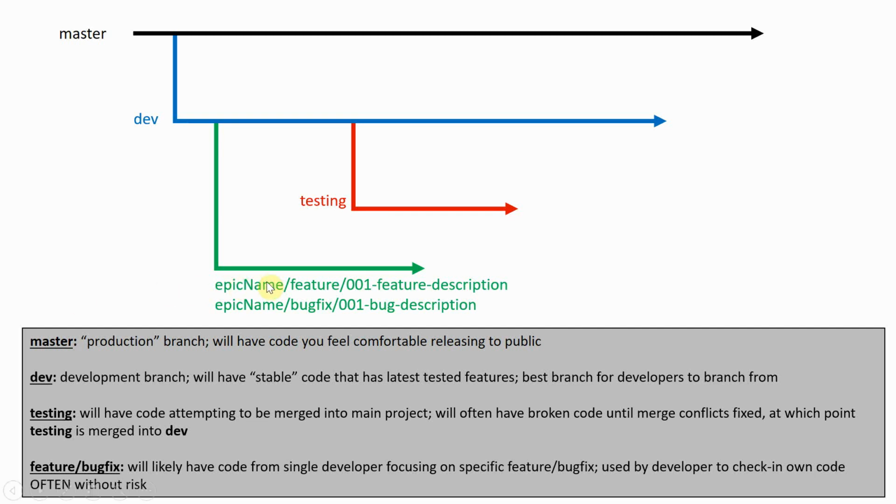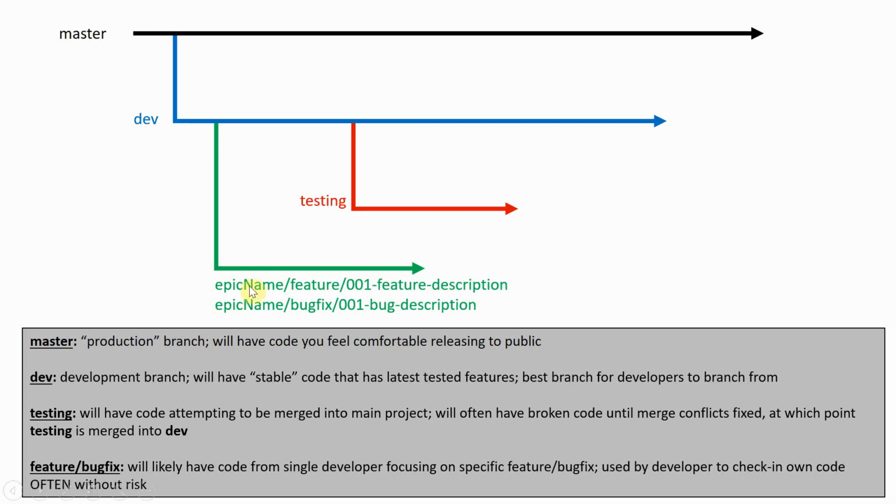So you might have styling / feature / 489 - homepage styling or something like that, right? Or homepage button styling. The idea is that this feature probably is going to belong to some kind of bigger feature, so to speak, or maybe a bigger component of your app.